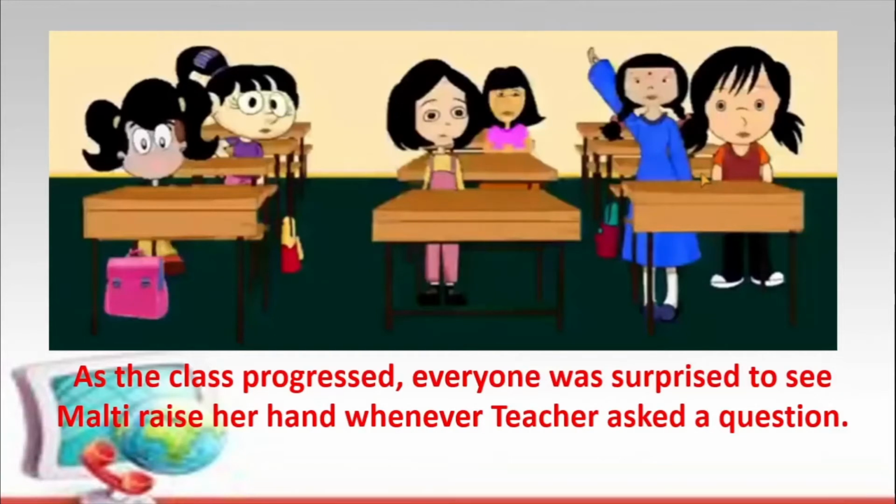Can you see there? Malti is standing with her hand up because she wants to answer. And she wants to answer because she knows the answer. So slowly, they start realizing that Malti seems to be a clever girl. But Rima still feels that she doesn't know any English, so she's not clever at all.